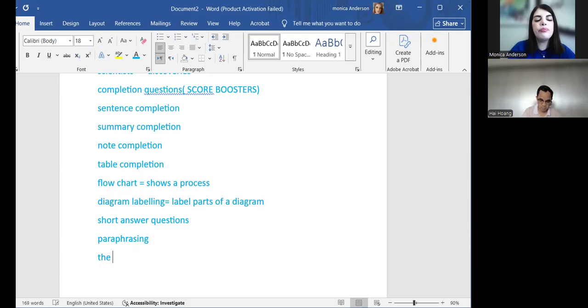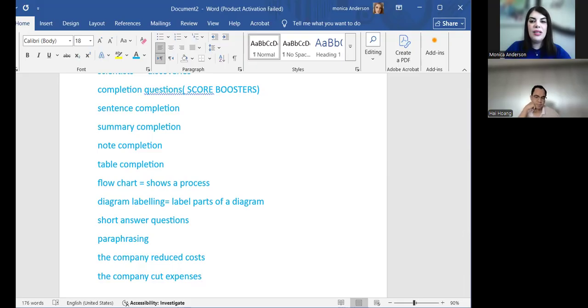The question says, the company reduced cost. Of course, this one is really reduced. The text says the company cut expenses. Same meaning, but not the same word. So this one is, of course, really important.